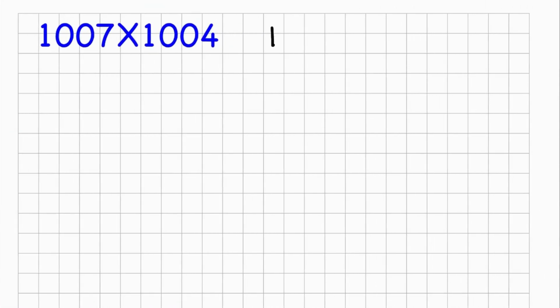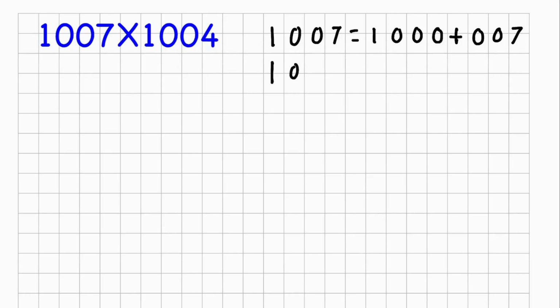1007 times 1004. 1007 equals 1000 base plus 007. And 1004 equals 1000 base plus 004.